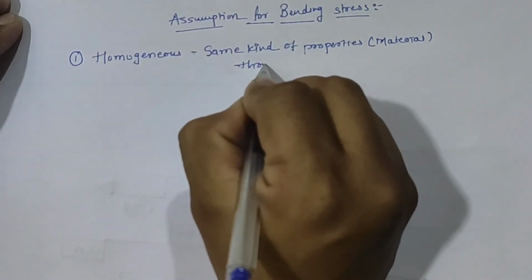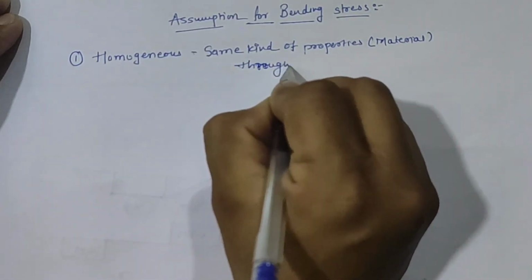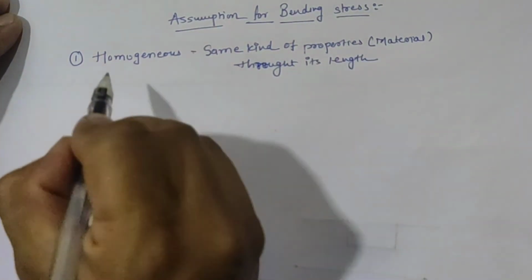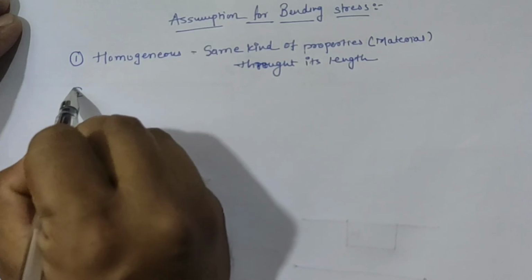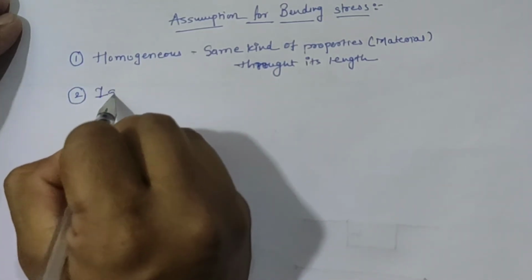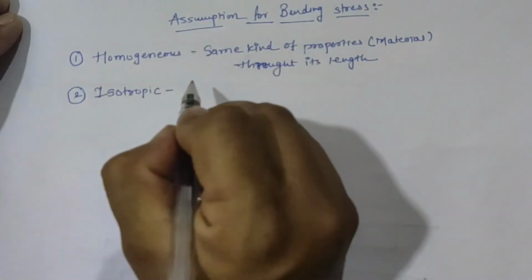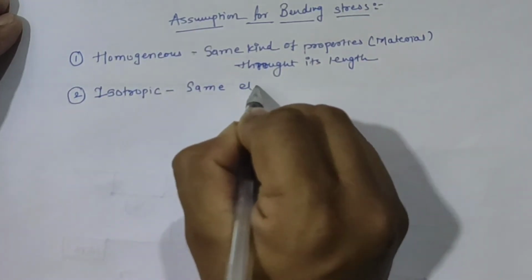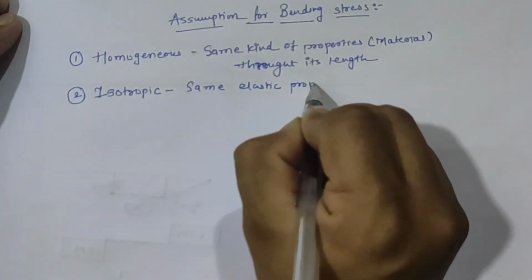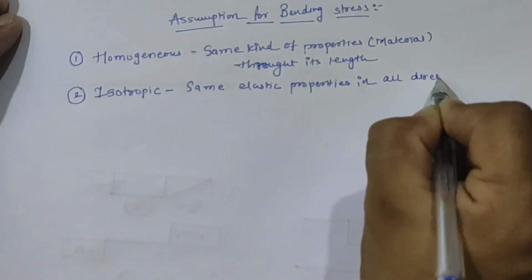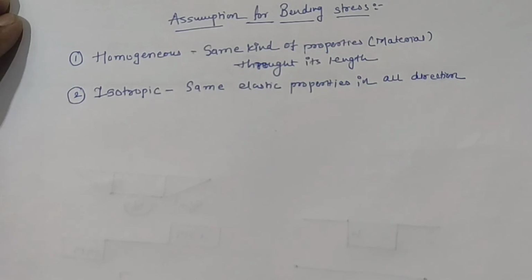Now the second assumption is that the given section must be isotropic. It means that the beam has the same elastic properties throughout its cross section in all directions. So the material must be homogeneous as well as isotropic.